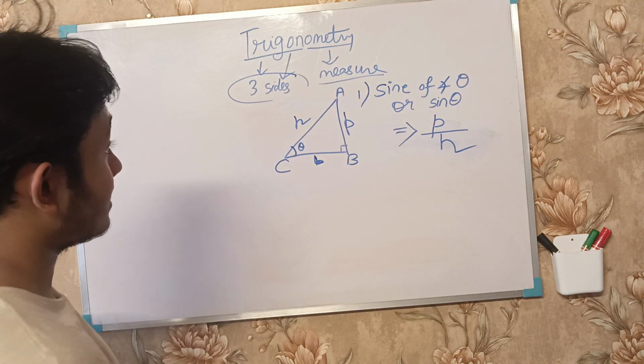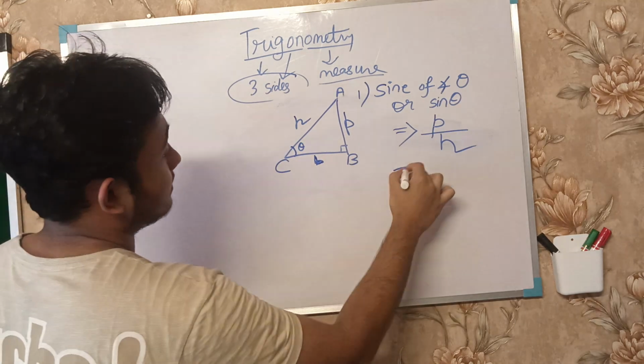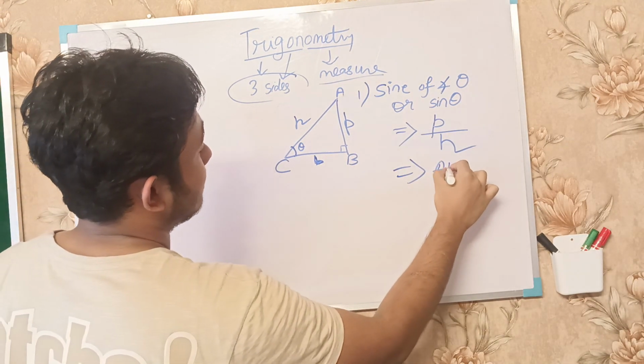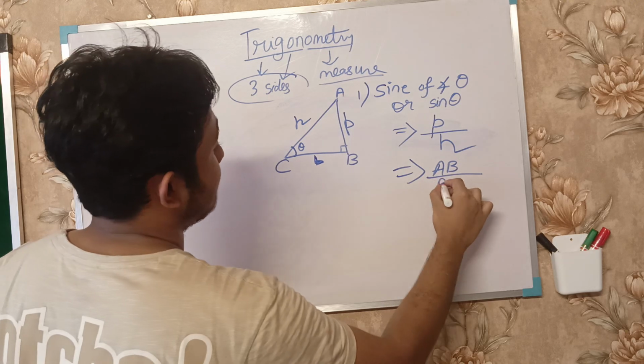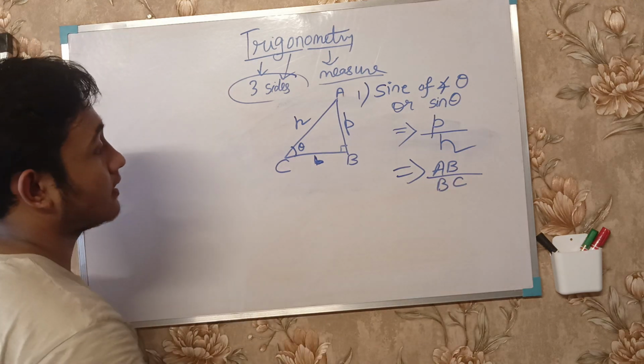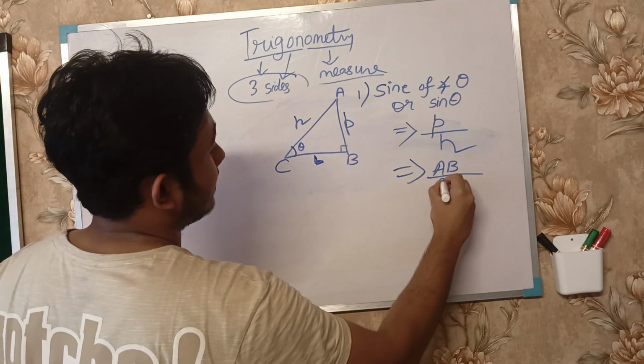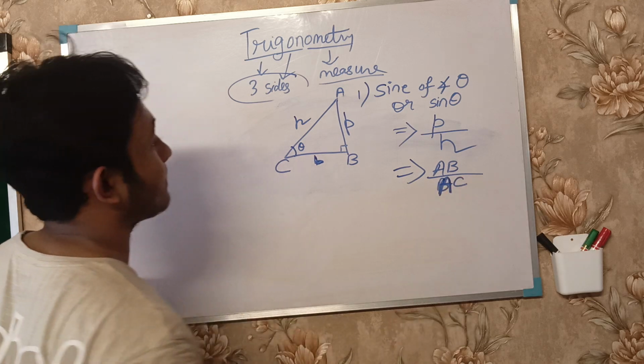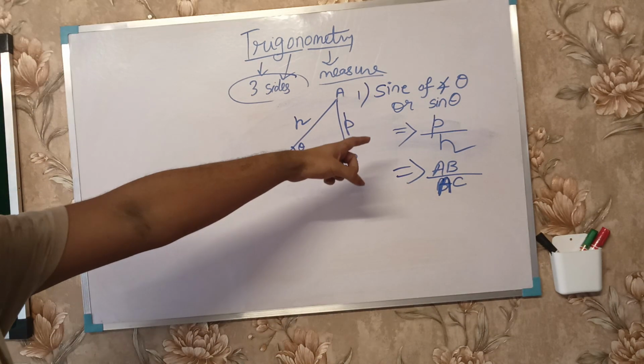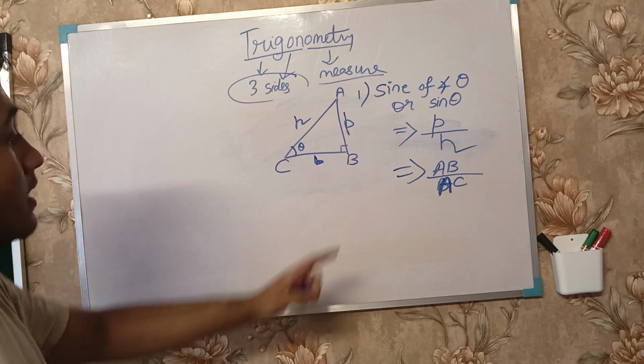So our sine of the angle theta in this case will be, sorry, perpendicular by hypotenuse, AB by AC. So this is sine theta.